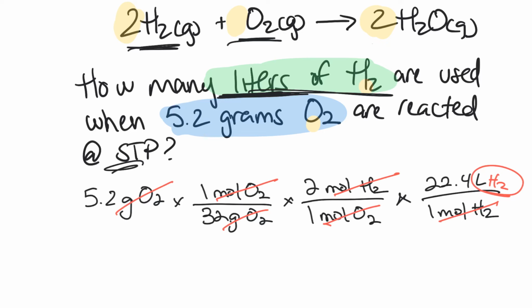And so when you put this in your calculator, you have 5.2 divided by 32 times 2 times 22.4, and you should get the grand total of 7.28 liters of H2.